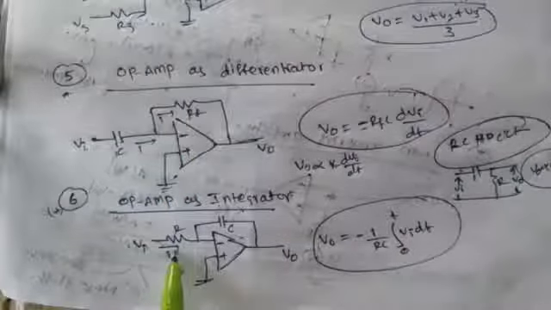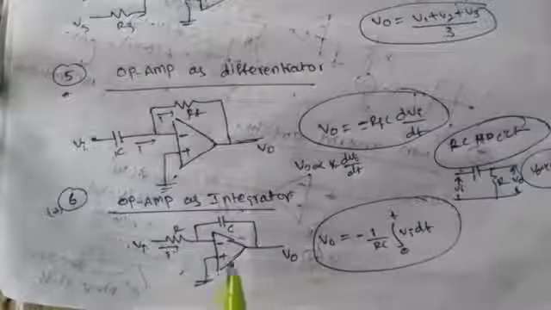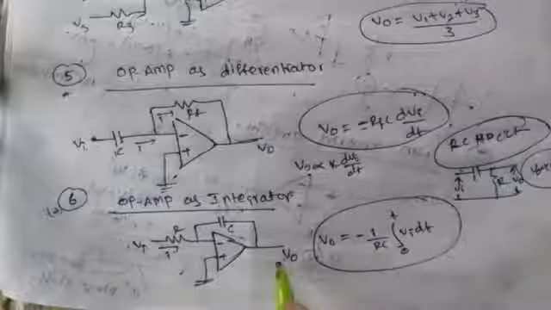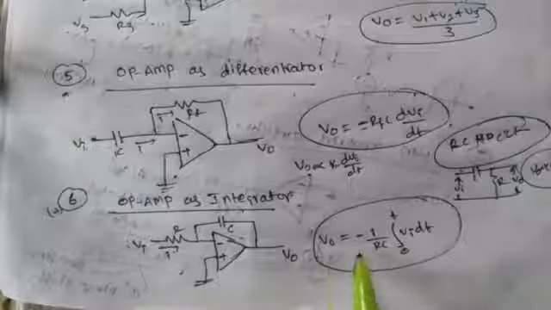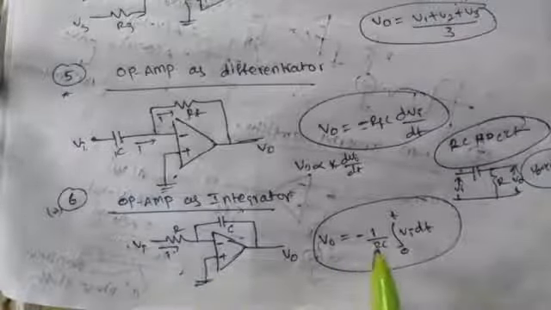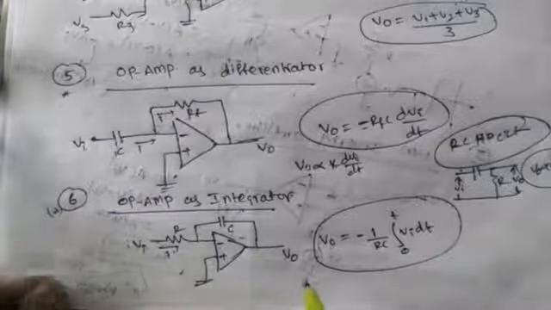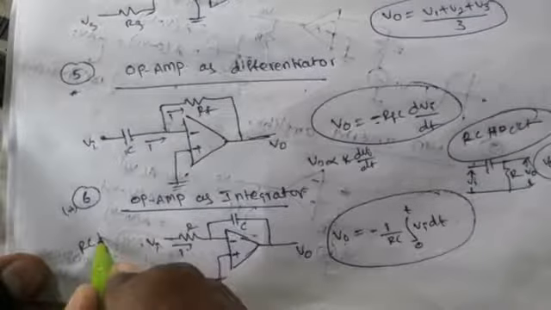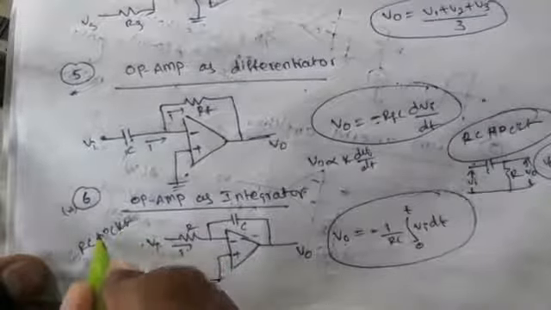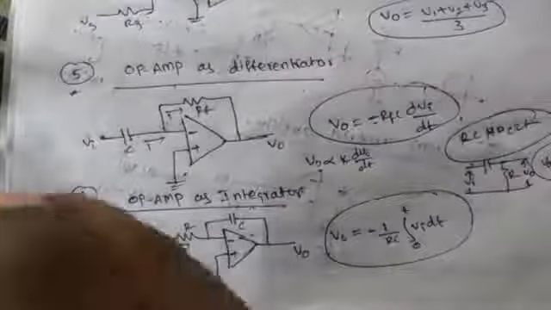Then this belongs to the integrator circuit, which means the output is the integral of the input signal. The output is nothing but minus 1 by RC into the integral of Vi dt. Then this circuit acts as an RC low pass circuit. The RC low pass circuit acts as an integrator.